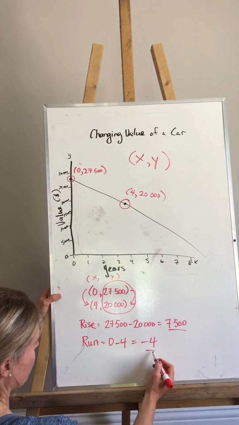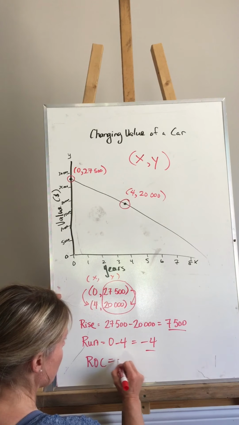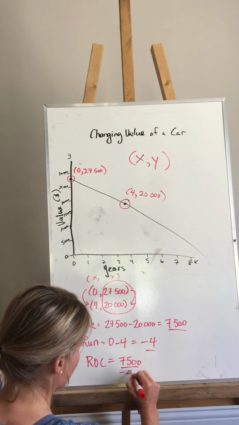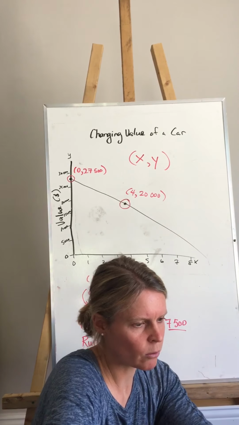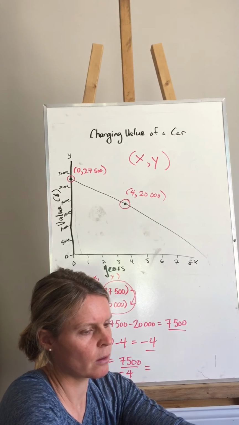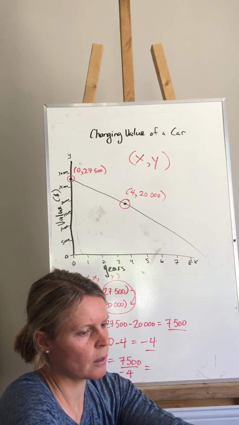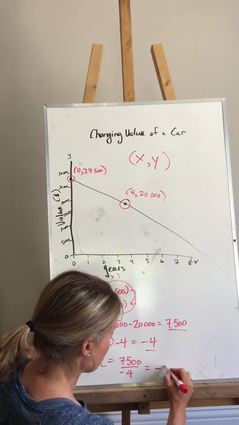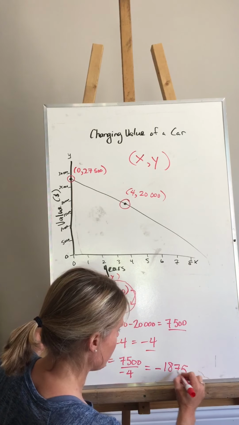Okay, so I've got my rise, I've got my run. My rate of change is going to be equal to 7,500 divided by negative 4. So you would go to your calculator, as I will go to mine, and punch in 7,500 divided by negative 4, and you get negative 1,875.